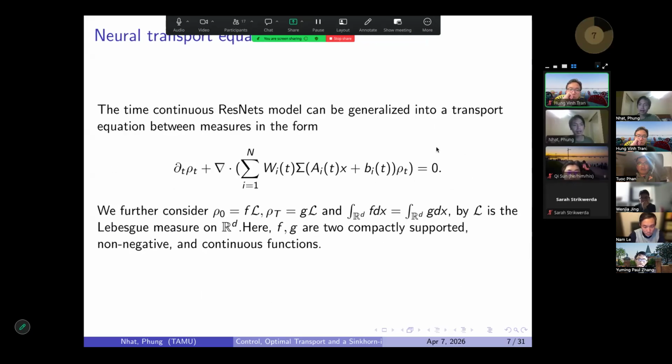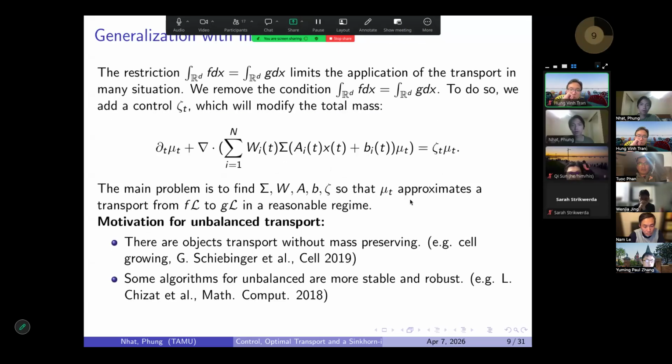As I mentioned, this is a homogeneous equation, and so this requirement is something you must have when you consider this equation. One thing that we want to do is to remove this limit. We don't want them to absolutely have to be the same mass.